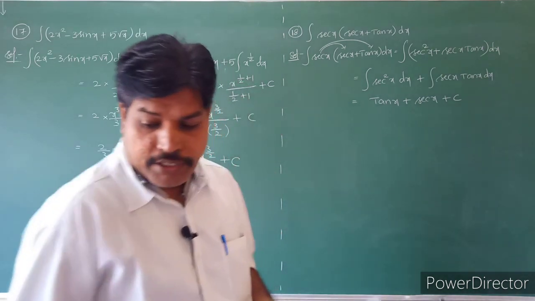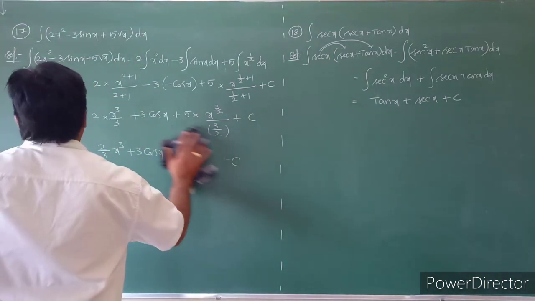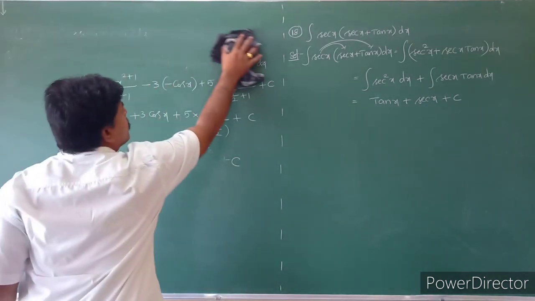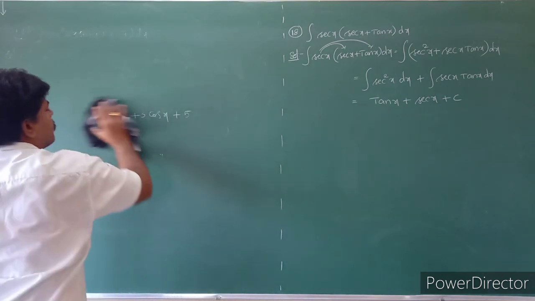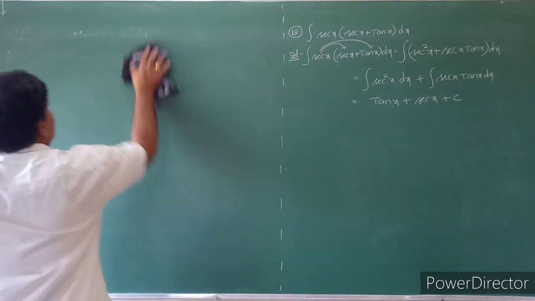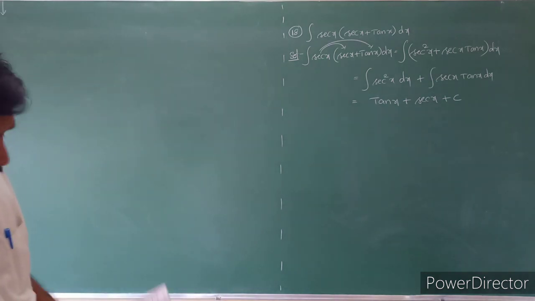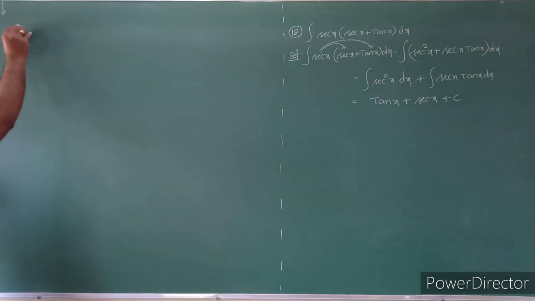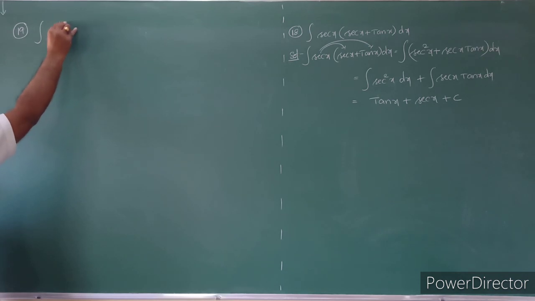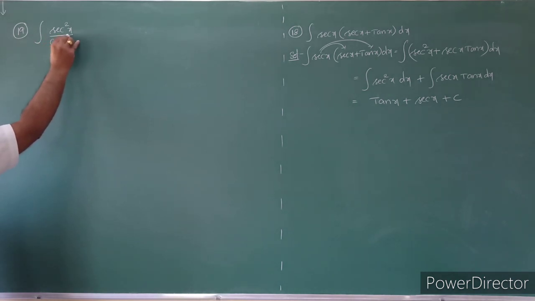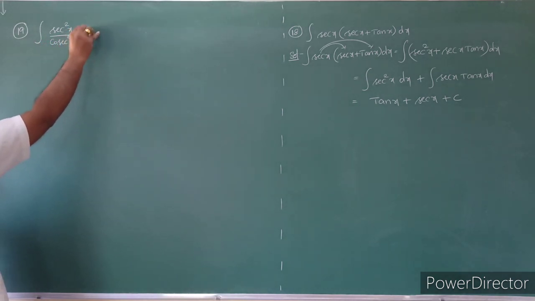See the question number 19. Integral of secant square x by cosecant square x into dx.